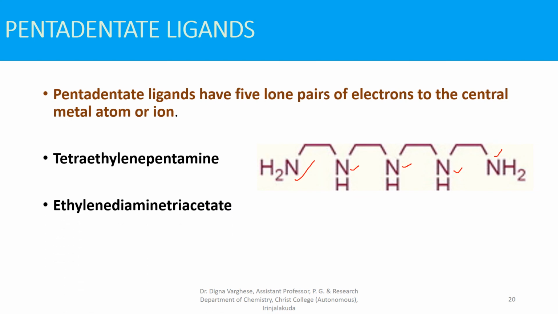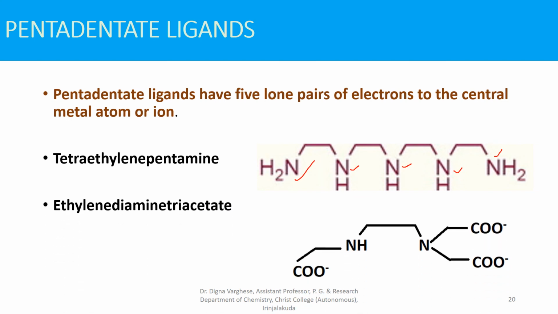Another one is ethylene diamine triacetate. Here you can see the triacetate group. One is here, the second one is here, and the third one is here. So it is a triacetate unit containing ethylene diamine, and in this compound one oxygen, second oxygen, third oxygen are attached to the metal atom, and the fourth and fifth donors, the nitrogens, can also be attached to the metal atom.